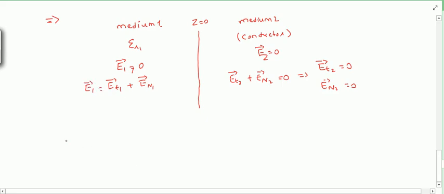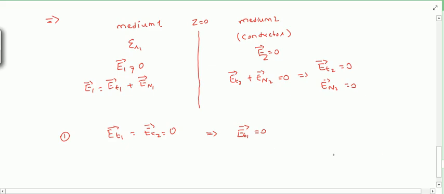Now you know, as I have told, that the tangential component is continuous, which means Et1 equals to Et2. And as inside a conductor the tangential component will be 0, this means Et1 is equals to 0. So this means that the tangential component of the electric field is 0 for a conductor dielectric boundary.